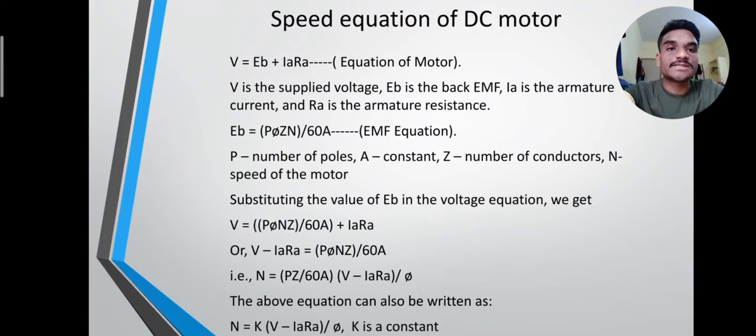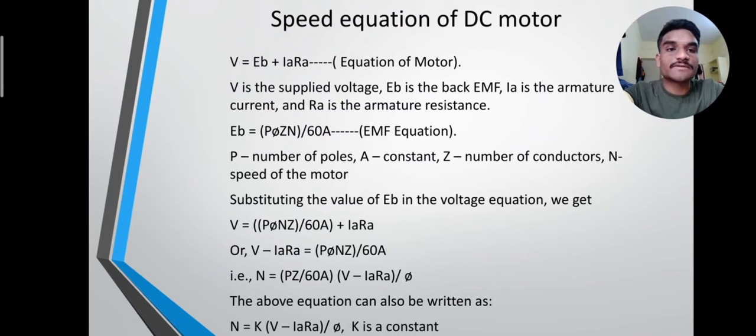The next point is the speed equation of a DC shunt motor. This is the equation of the motor: V is equal to EB plus IARA, where V is the supplied voltage, EB is the back EMF, IA is the armature current, and RA is the armature resistance.